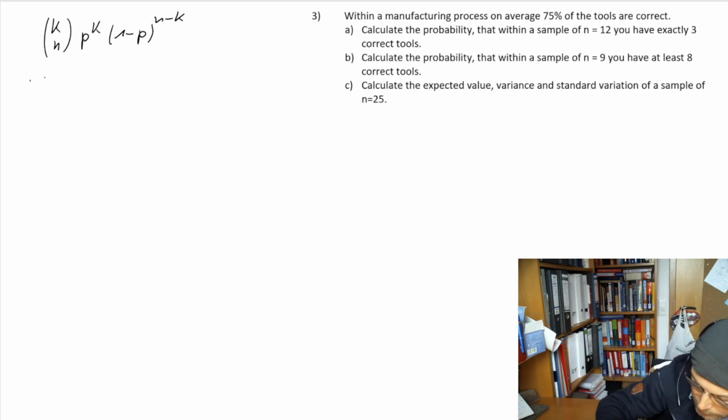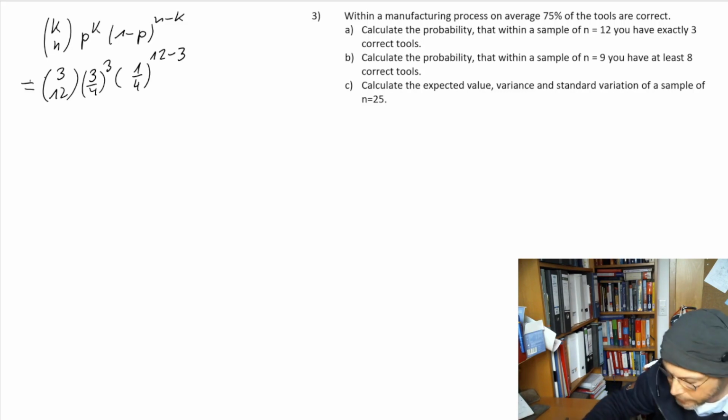And this, of course, we put in, so we obtain 3 over 12 times 3 over 4 to the power of 3 times 1 over 4 to the power of 12 minus 3.